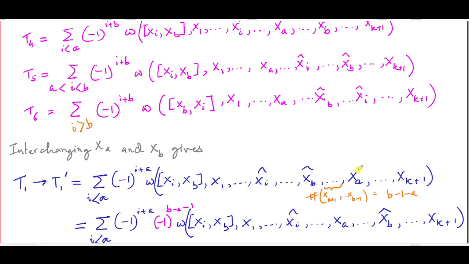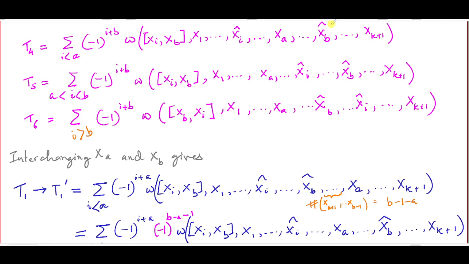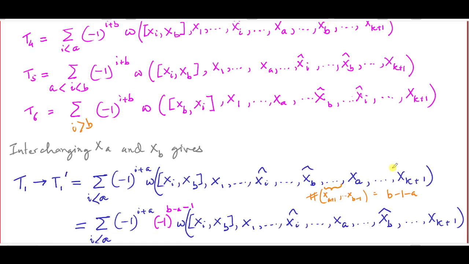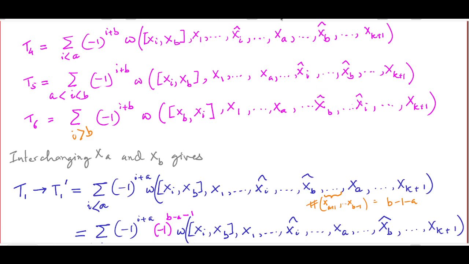In order to make this look like one of the terms here, and since you have the bracket [xi, xb] and i less than a, you expect it to look like this term, T4 here. What you need to do is to make the xa move until it sits here, which is what its location is in T4. Everything else is the same between T1 prime and T4.